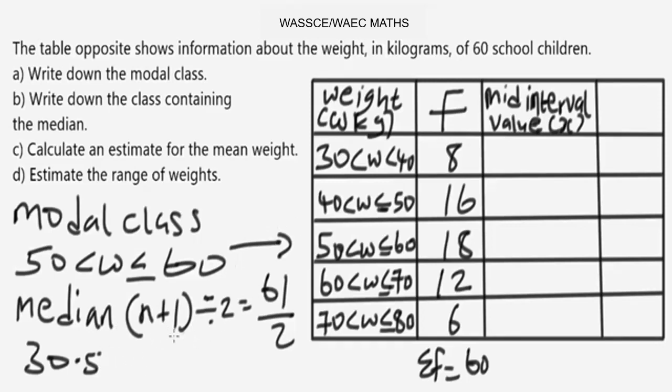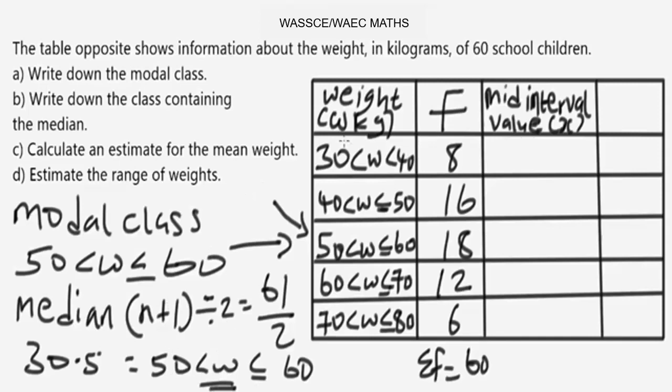So this shows us that the median for this grouped frequency table will still be here. So we have the weights to be this. So the median class will still be 50 is less than W, less than or equal to 60. Okay, so that will be the median class for this grouped frequency table.